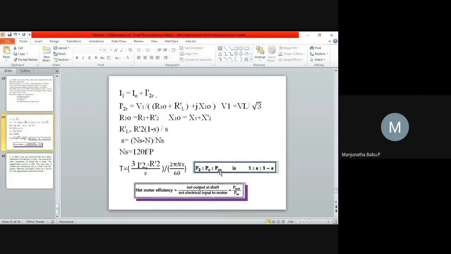So that is the stator plus rotor losses taken into consideration. So that is 3 into 49.14 square into 0.25. So we'll be getting around 1811.67 watts.